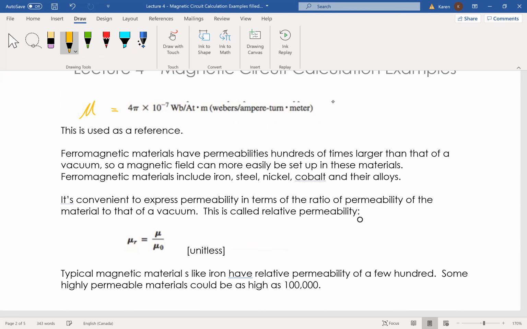So we expect then, if permeability is how welcoming a material is in the establishment of magnetic flux, then we would expect, say, an iron material to be more welcoming, correct? So we would expect an iron material to have a higher permeability, right? So here's another arbitrarily assigned definition, and not by me, but by mathematicians, and this is called relative permeability.